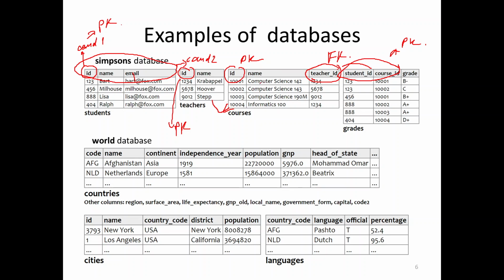Like you're a student, you have multiple classes at university. So the same goes in the opposite direction. One student can enroll to multiple modules, but one module can take multiple students too. So there is a many-to-many relationship between students and courses, right?